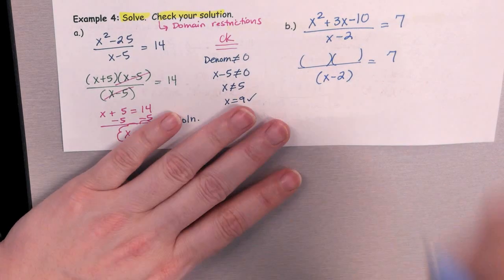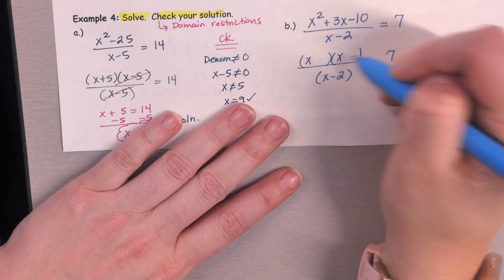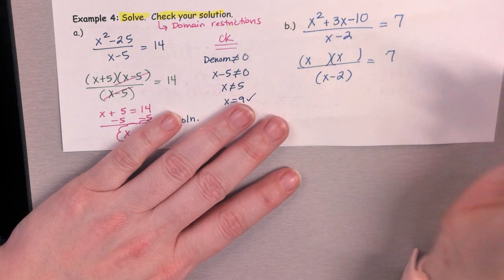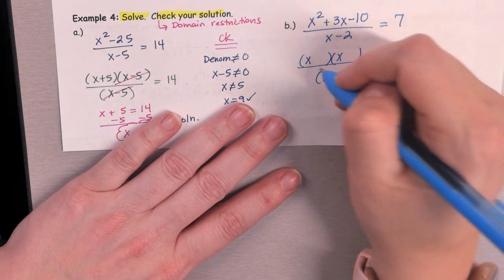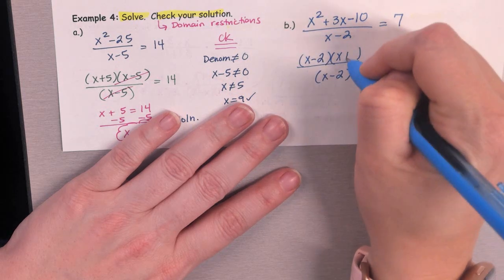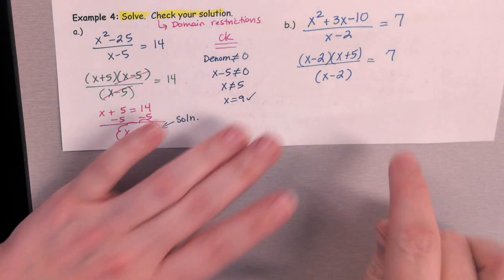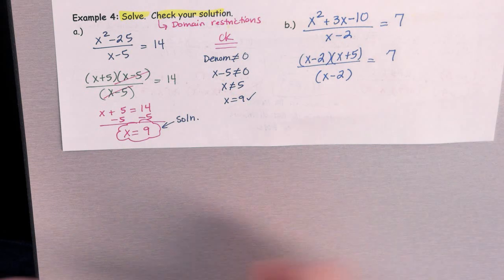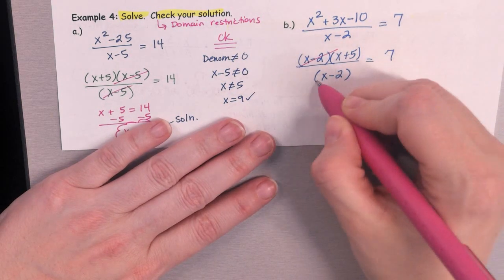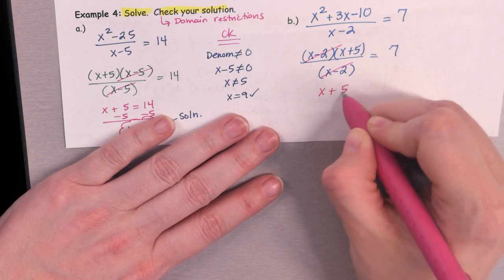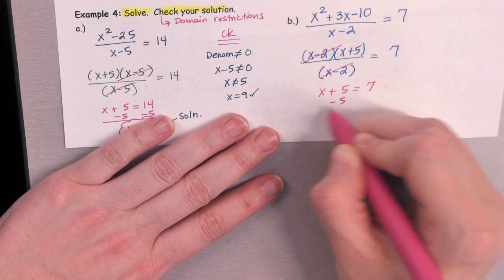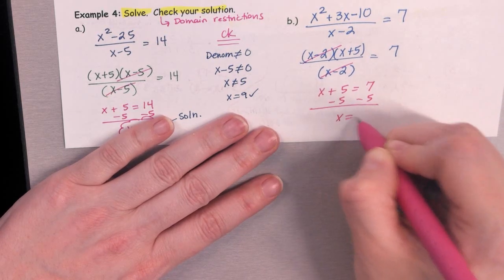It's x squared, so you start with x and x. What multiplies to 10 but adds to 3? Minus 2 plus 5. See how that's kind of a hint that you could try the x minus 2 to get them to cancel? And then all you have to do is solve for x.